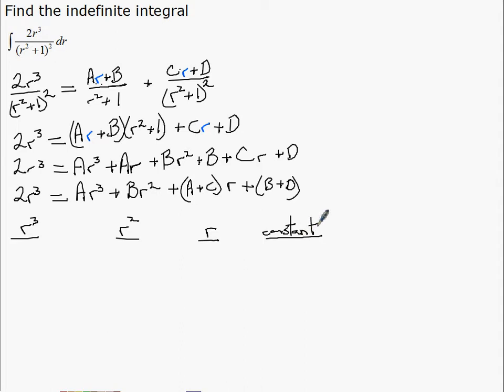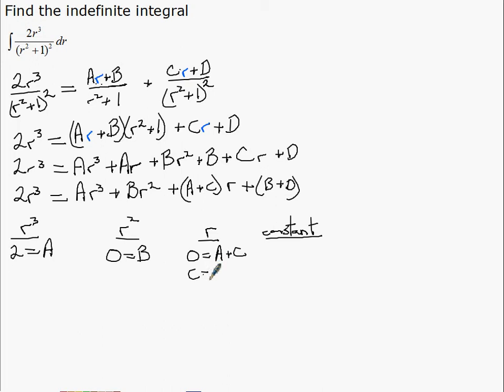So on the left, the r cubed coefficient is 2. On the right, the r cubed is a, so a equals 2. On the left, the r squared is 0. On the right, it's b, so b is 0. On the left, the r coefficient is 0. On the right, it's a plus c. We know a is 2.